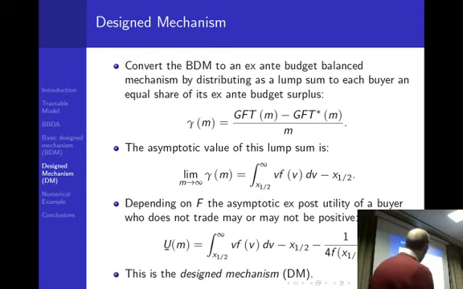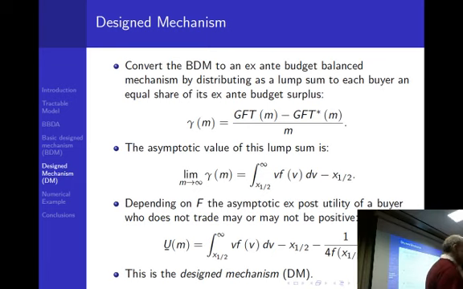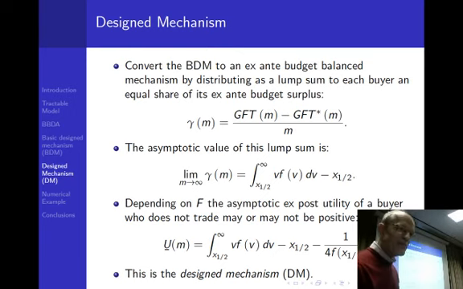Now we're going to distribute to each one this gamma lump sum. Now, lump sum distributions have no effect on incentives. You always get it. So you can act silly, you can optimize, but if you do optimize, you get the same answer. Now the asymptotic value of this lump sum is a very simple expression.